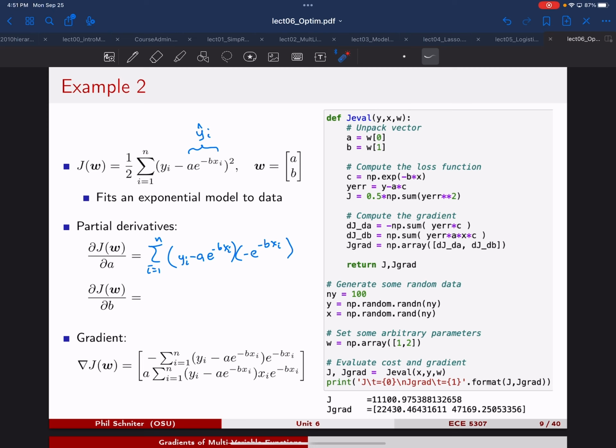Okay, the next one is a little bit more complicated. Let's see, is John Lemus here? Yeah. So what do you think about the next one?